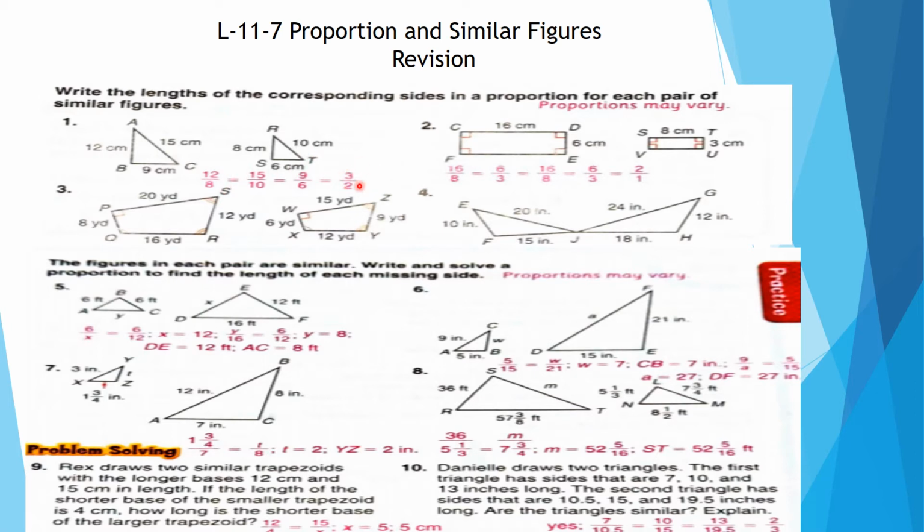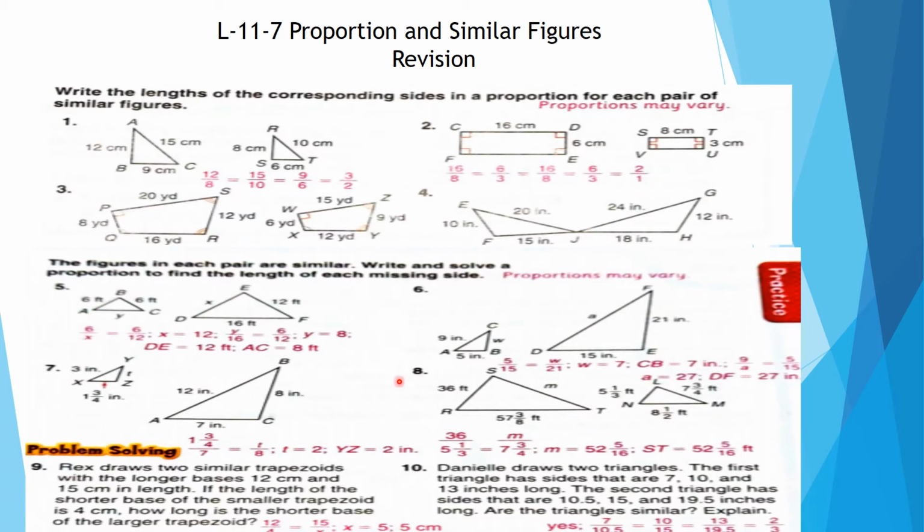What is the proportion? 3 by 2, in simplified form. In the same way here you can see 16 by 8 and 6 by 3. Then you can see all are 2 by 1.